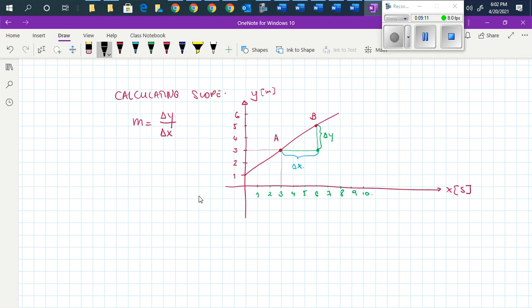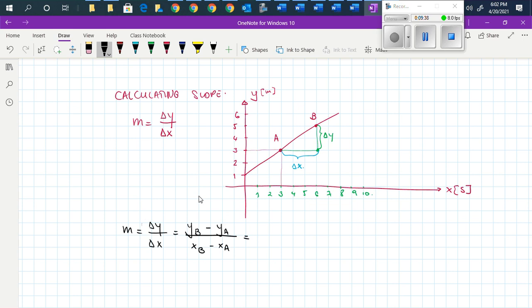Okay, so now the slope will be delta y over delta x. Delta in science means final minus initial, so this will be y of b minus y of a over x of b minus x of a.